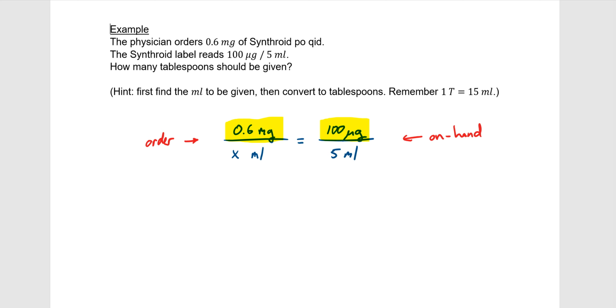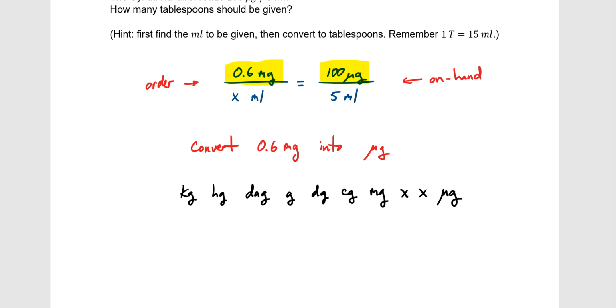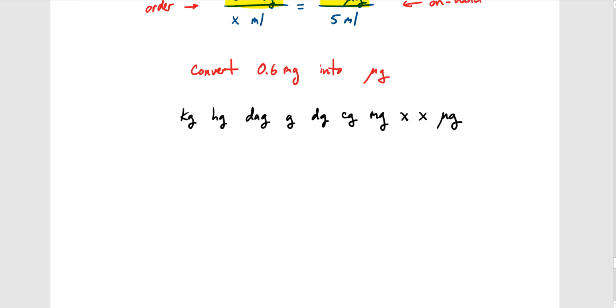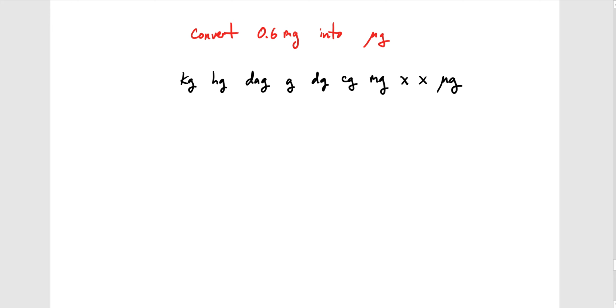I'm going to convert 0.6 milligrams to micrograms. Okay, so going from milligrams to micrograms, we're starting here, ending here. So that's going to be 3 spots to the right. So we're moving the decimal point 3 spots to the right. So that means 0.6 milligrams is going to equal 600 micrograms.